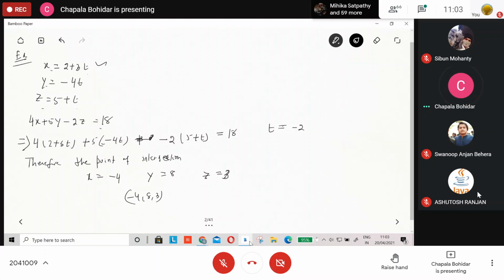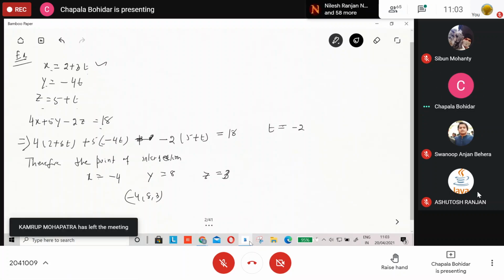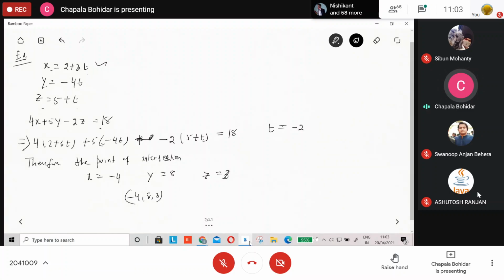Now note. If two planes are parallel, if their normal vectors are parallel.